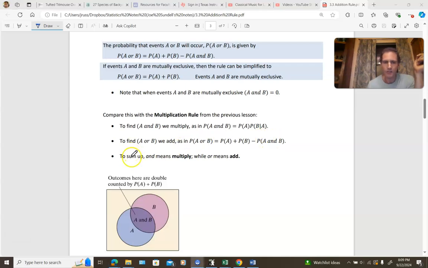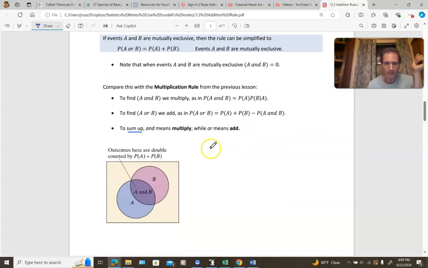So you can sort of remember it this way, I guess. To sum up, and is going to mean multiply. So if you're trying to find the probability of A and B, you're going to be multiplying probabilities. And then the word or, you're going to add. So the probability of A or B is going to be the probability of A plus the probability of B minus that intersection. And this shows you right here, this is a visual.